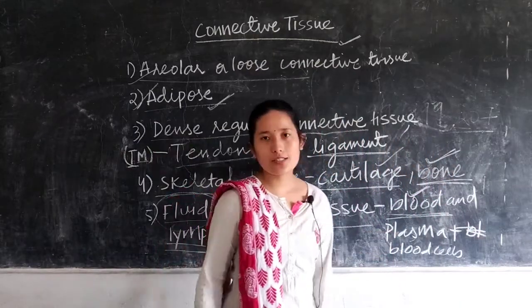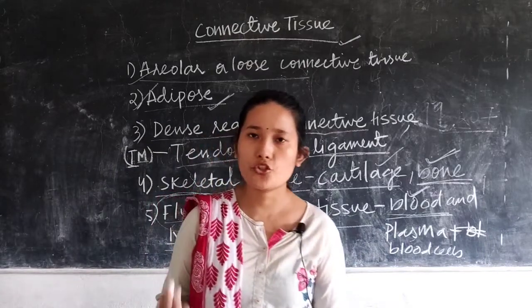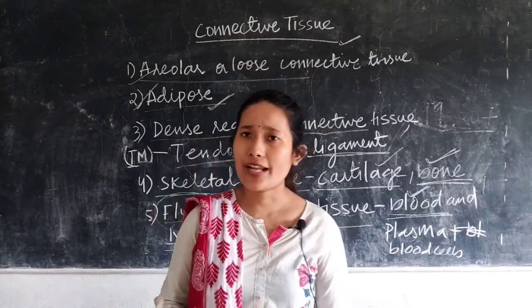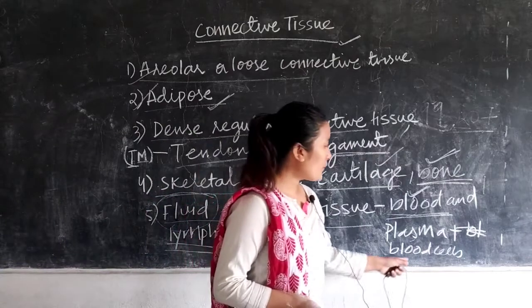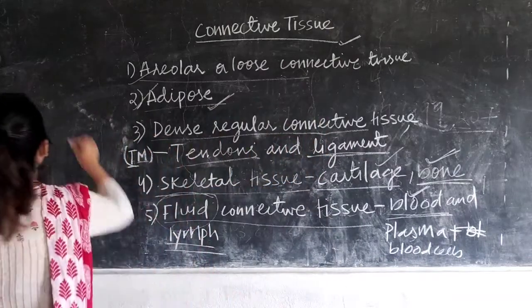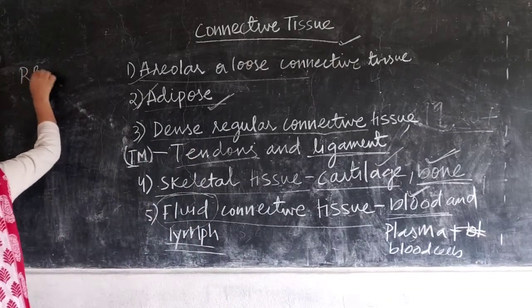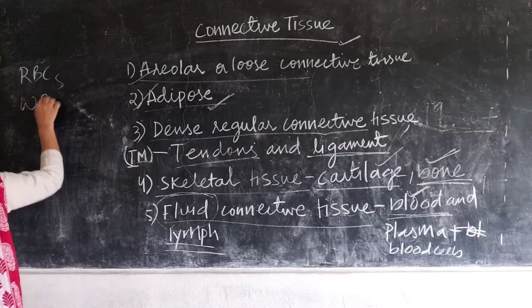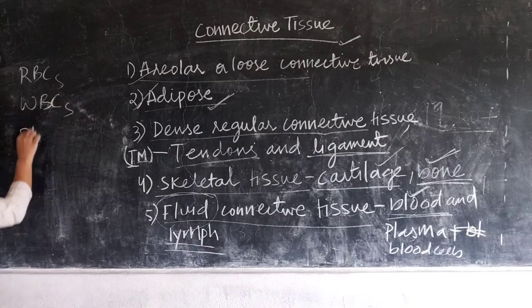Okay, so plasma is the liquid portion of blood in which you have antibodies and different kinds of proteins. And blood cells, we all know, are of three types. What are those? Those are red blood cells, white blood cells, and then you have platelets.